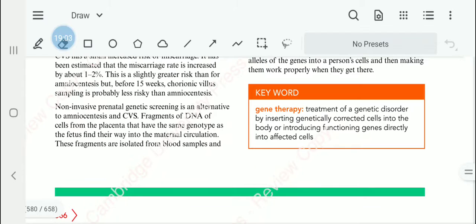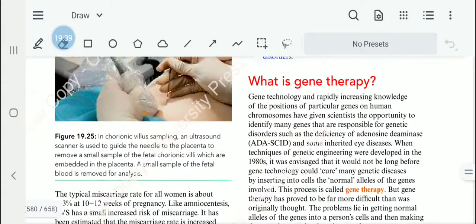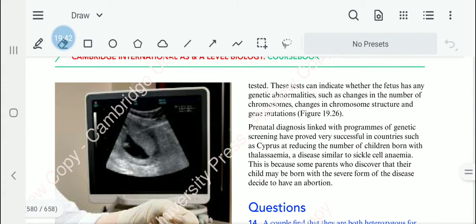Number three, a non-invasive prenatal genetic screening that does not increase any risk of miscarriage is isolating fragments of DNA from the placenta that gets added to the mother's blood circulation.